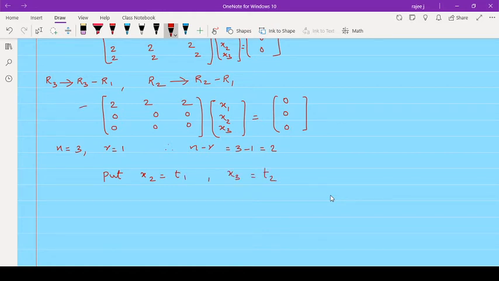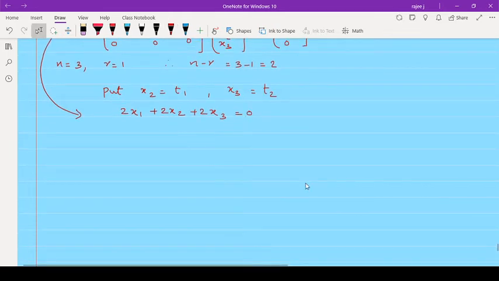Therefore, from the first equation, 2x1 plus 2x2 plus 2x3 equal to 0. Dividing throughout by 2, you will get x1 plus x2 plus x3 equal to 0, or x1 equal to minus x2 minus x3.